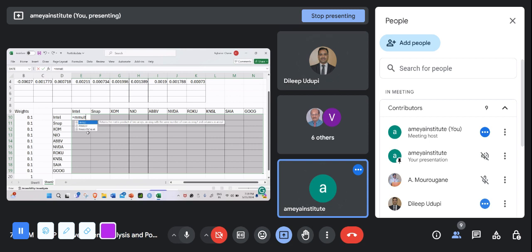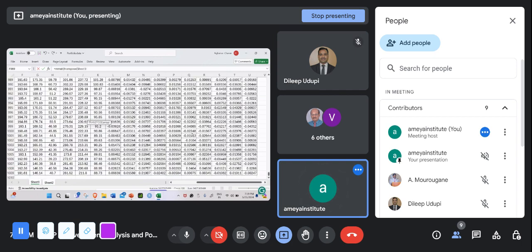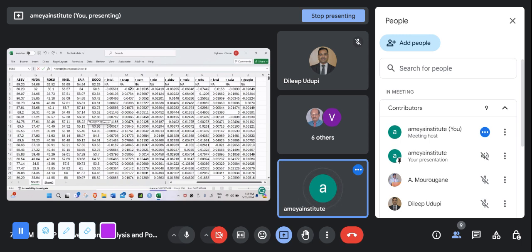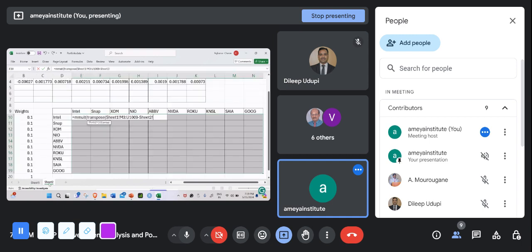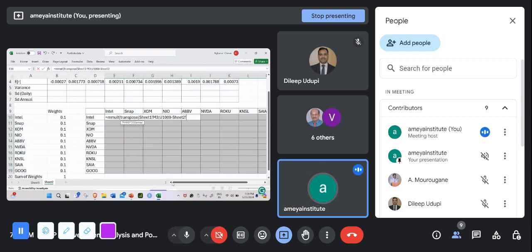MMULT, then we can apply TRANSPOSE here. Then we go to sheet 1 and select all the returns, minus sheet 2 expected return.